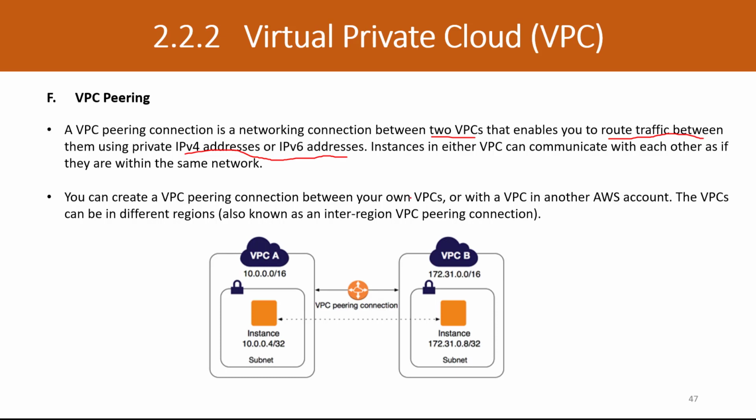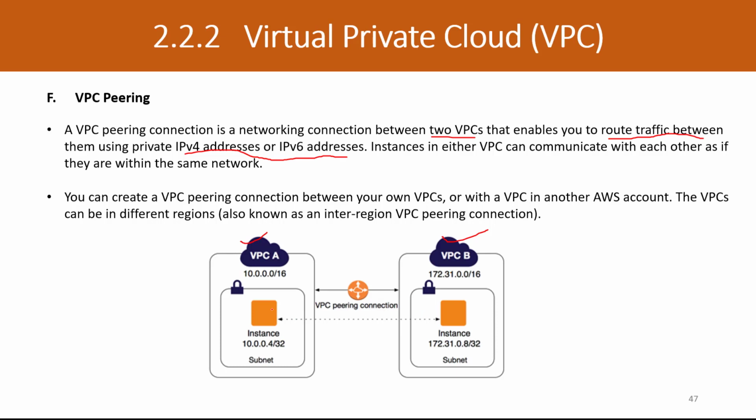Say you have two VPCs, this is VPC1 and this is another VPC, VPC-B. You can communicate within a VPC, but one VPC cannot communicate with another VPC, because the name itself says it's a virtual private cloud. It's basically private, so they can't communicate with each other.